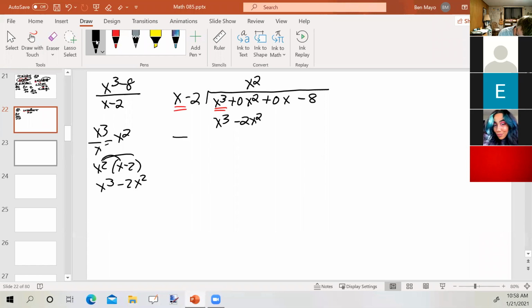We're going to subtract that quantity from what's up above, change it to addition of the opposite. X cubed plus negative x cubed is no x cubed at all. 0x squared plus 2x squared is 2x squared. Bring down the next term. It's just 0x, but I'm still going to bring it down.